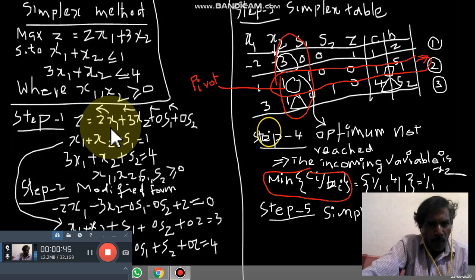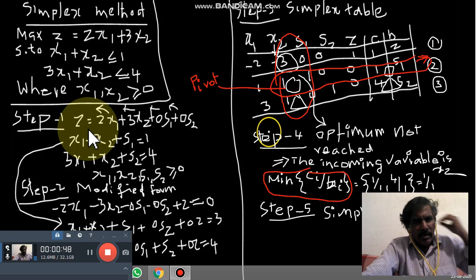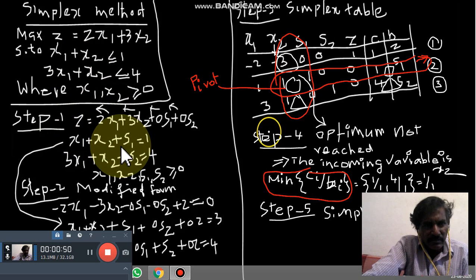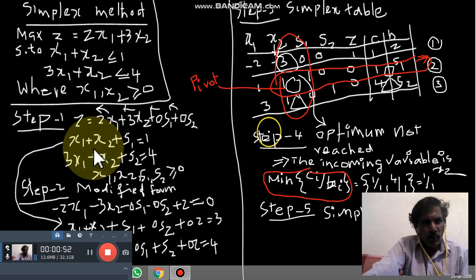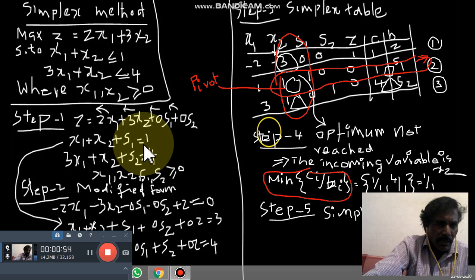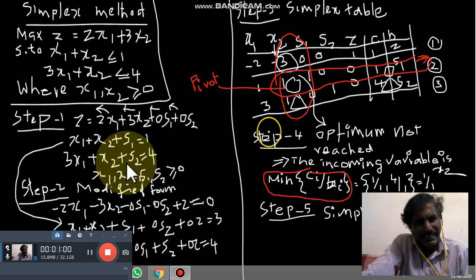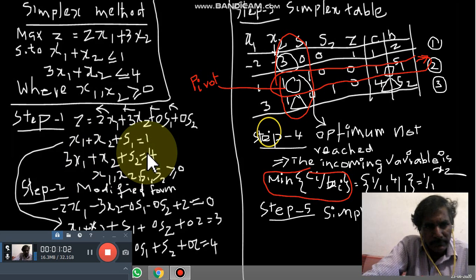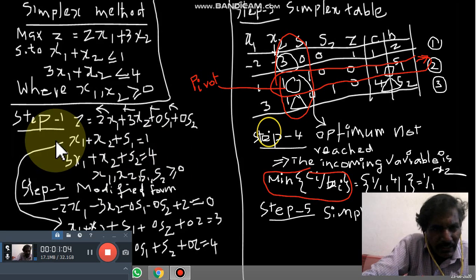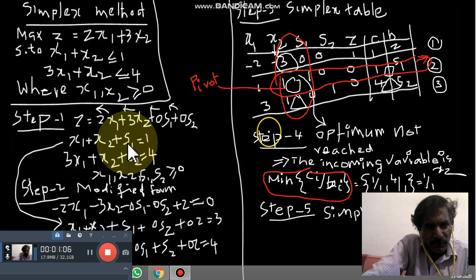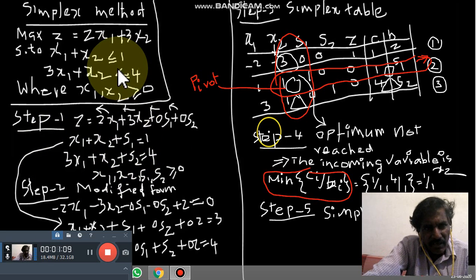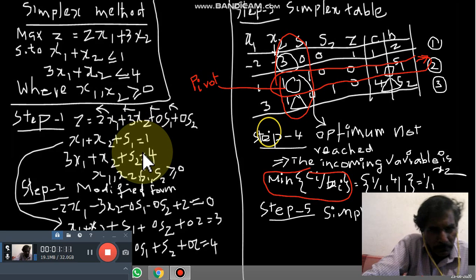Now step number 1 is the standard form. So given constraints, you add a slack variable here: x1 plus x2 plus s1 equals 1. The second constraint equation is 3x1 plus x2 plus s2 is equal to 4. So these two are constraint equations added with slack, and the less than or equal to becomes equal to.